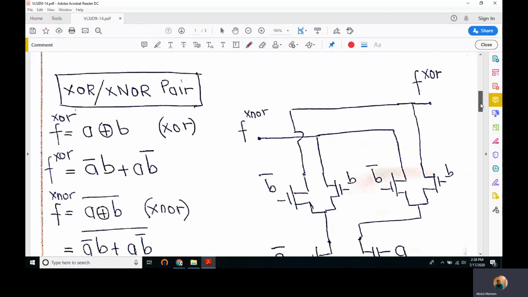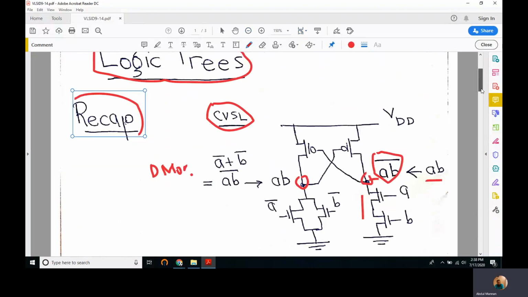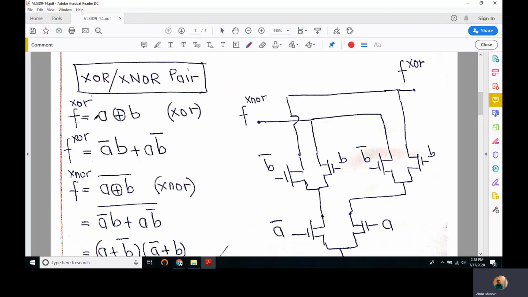This helps us in implementing exclusive OR and exclusive NOR circuitry with ease. How? Let's see. Exclusive OR operation can be written as A complement B or A B complement, whereas exclusive NOR operation is the complement of that.